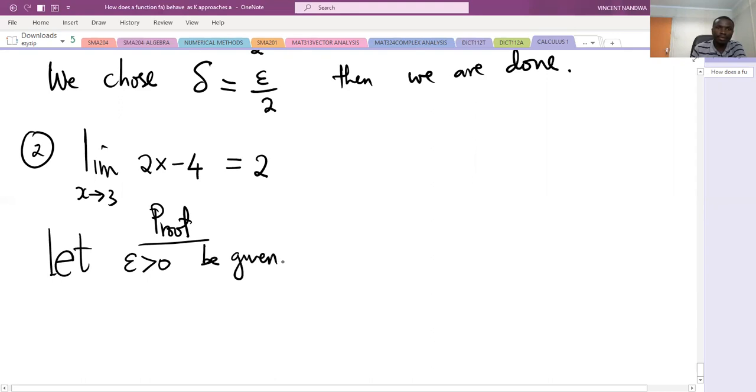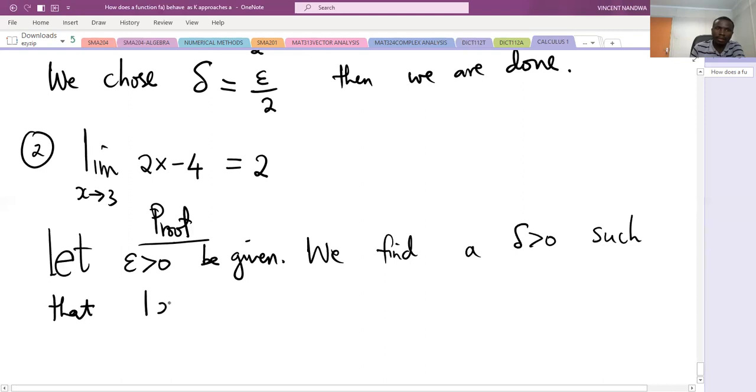So this one, we assume that already is given. So we find a delta greater than 0 such that absolute value of x minus a less than delta implies absolute value of f of x minus L is less than epsilon.